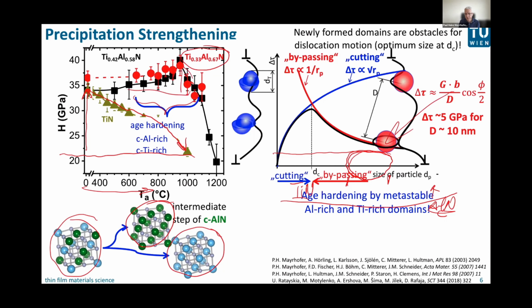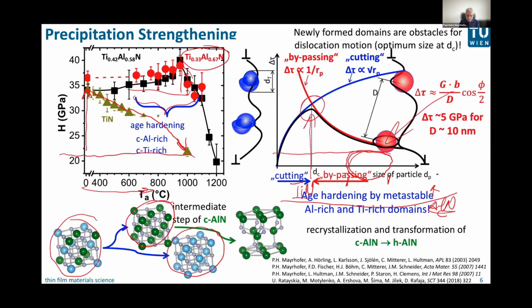We have an increase in hardness because we generate these domains here. And these are effective obstacles for the dislocation movement, right? And especially if we have a certain size of these domains. That is a well-known process, actually.